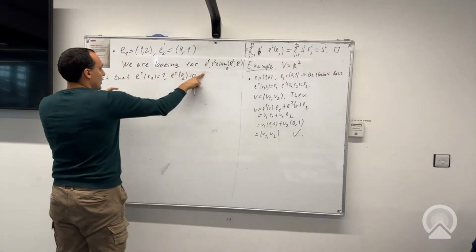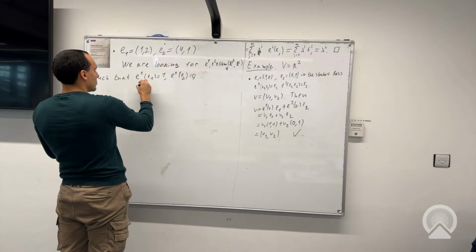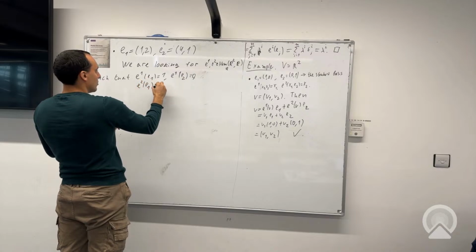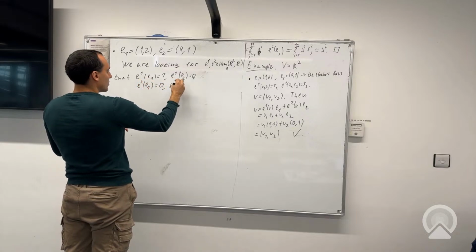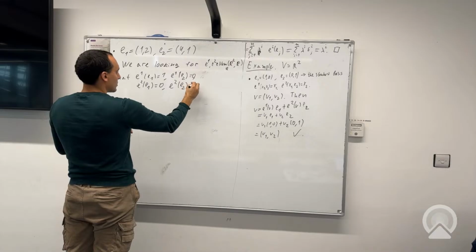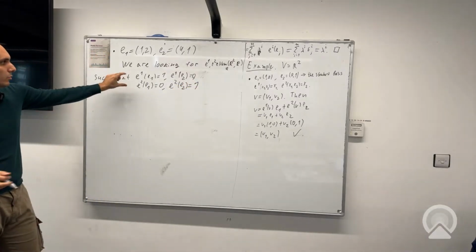This is one system, and then we have e^2(e1) is 0, and e^2(e2) is 1. Okay, so we have two independent systems.